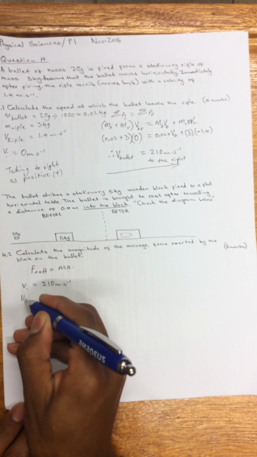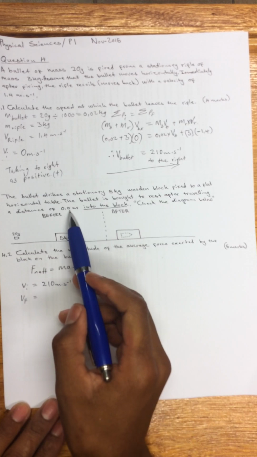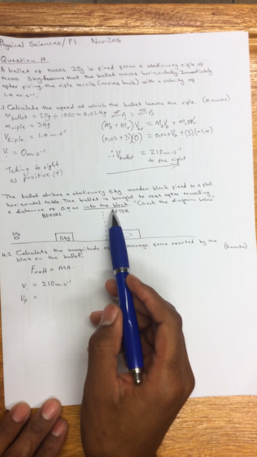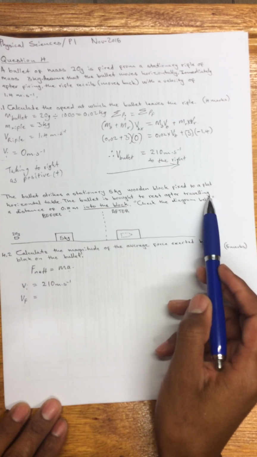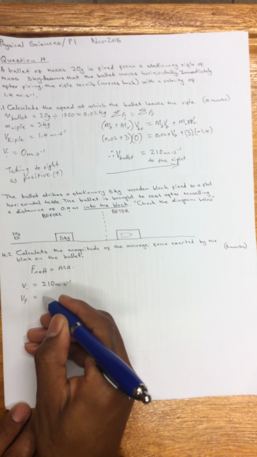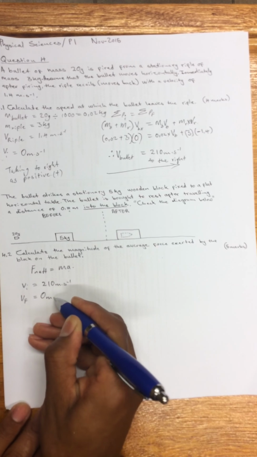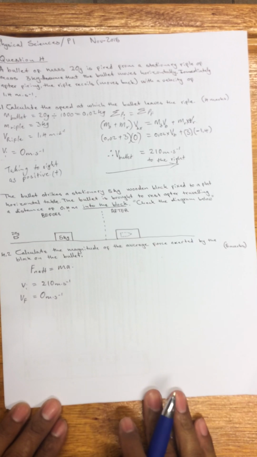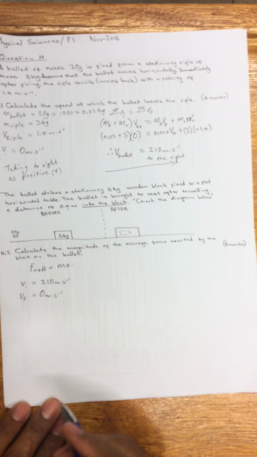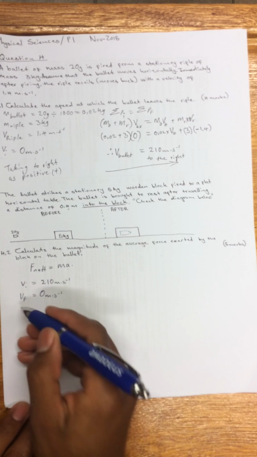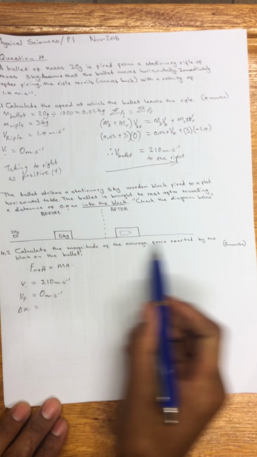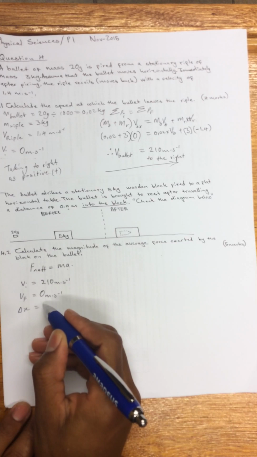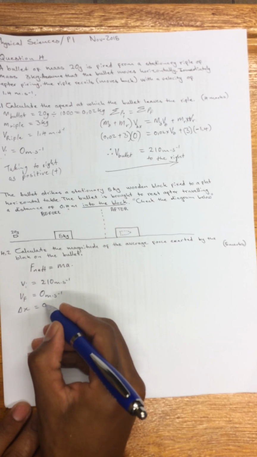And then we have final velocity. Remember, it traveled 0.4 meters into the block, and it was brought to rest after traveling this distance. So it means rest, there's no movement, 0 meters per second. And then we have distance, which is horizontally, change in x equals 0.4 meters.